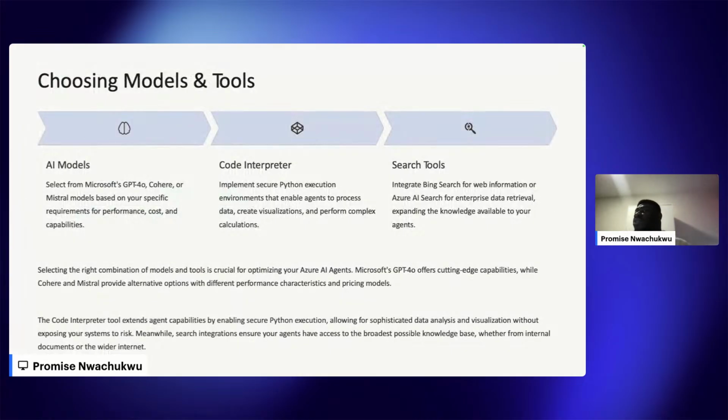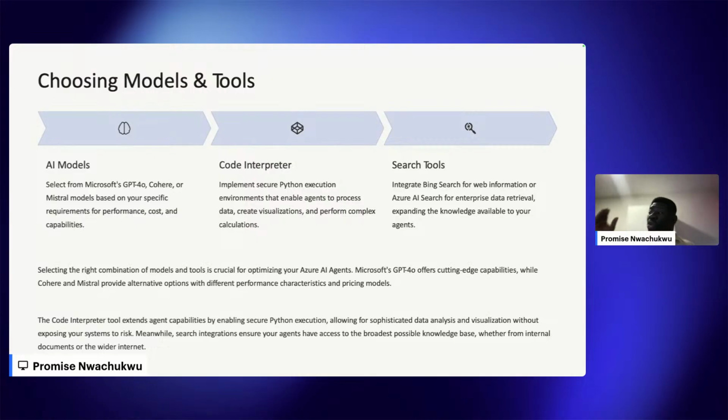Choosing models and tools. What is the reason behind choosing models and tools? Why should I choose a model, or why should I choose a tool? Right? So it says here, AI models: select from what? Microsoft ChatGPT 4.0, also Cohere and Mistral models, based on your specific requirement for performance, cost, and capabilities, right?